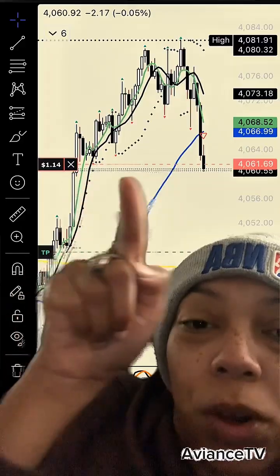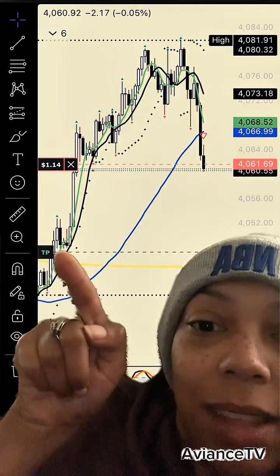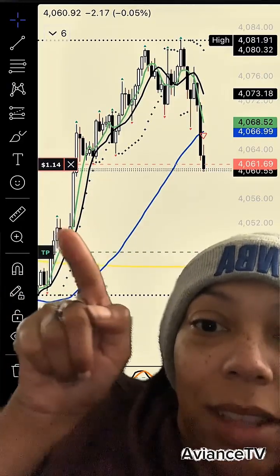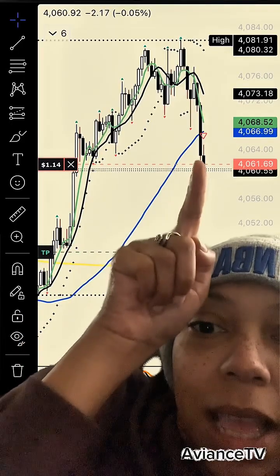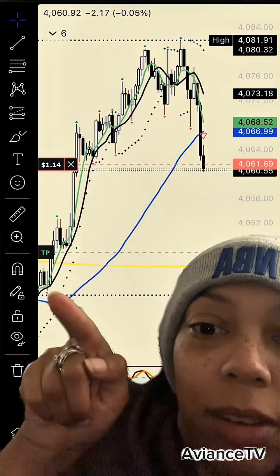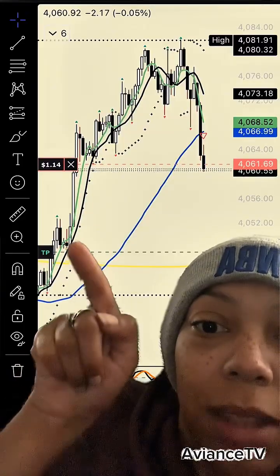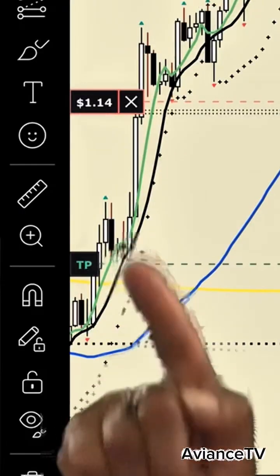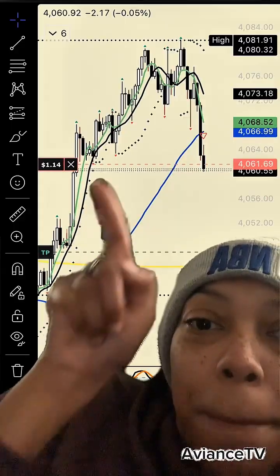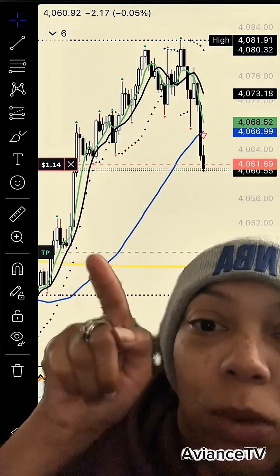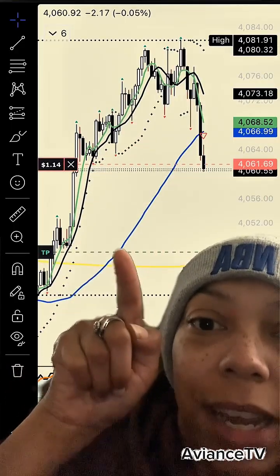Again, we're in this order. We're going to take that to this TP in this area. Now, we could go to another take profit and go right here, but this is the safest. This is TP1, TP2. But this is what price is willing to give us in between here right now.